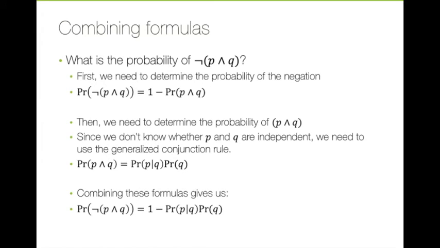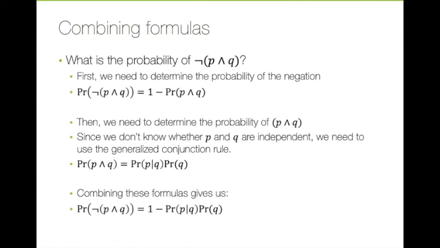As I mentioned briefly before, we can combine the formulas from these various rules. And that allows us to calculate the probabilities of sentences that combine logical connectives. We just have to pay attention to the scope of our connectives if we want to calculate the probabilities correctly. For example, we might ask, what's the probability of the negation of P and Q?